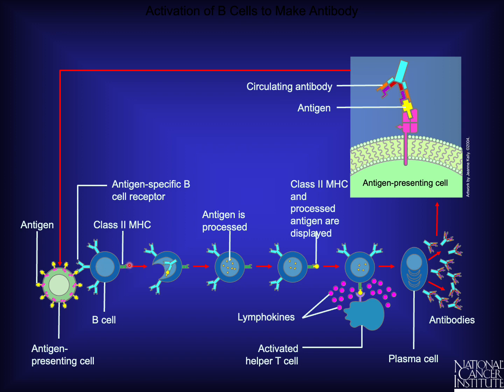That B cell can then process that antigen and present it on the surface of its MHC class 2 receptor, and then show it to the helper T cell. The helper T cell will then release those cytokines or lymphokines in order to tell the B cell, yes, go ahead and differentiate. The B cell will then activate and differentiate into this plasma cell, and the plasma cell, again, is an antibody factory. It will make a bunch of antibodies specific to this antigen.